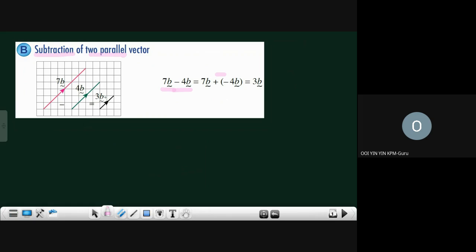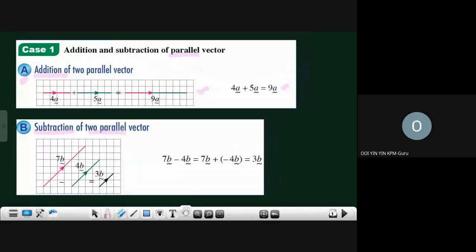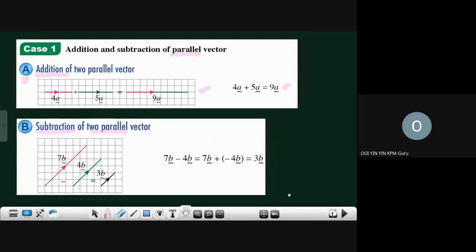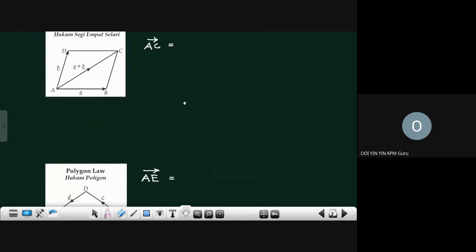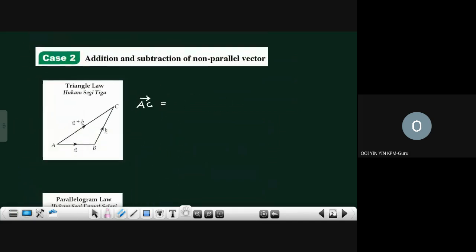Okay, you get the result 3b. So that's it. Just like normal addition and subtraction. When they are parallel, addition and subtraction are as usual, like ordinary addition and subtraction. So that's why I tell you no need to copy. Okay, now we go to this one. This one you must listen carefully. You must follow along, because even though you listen carefully, later when I come to the questions you still get confused.